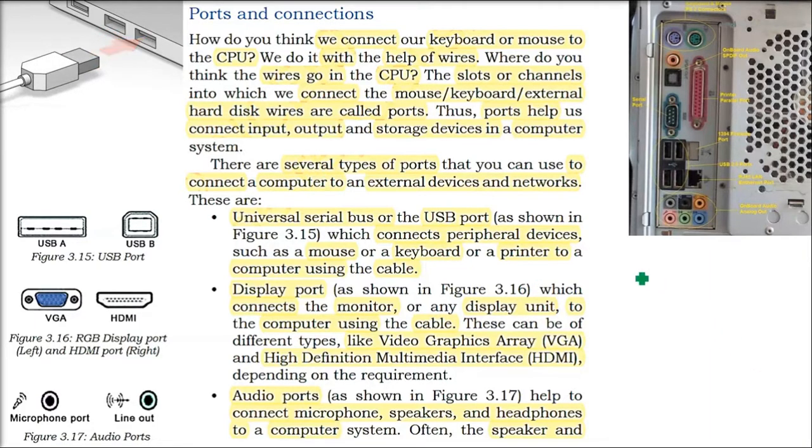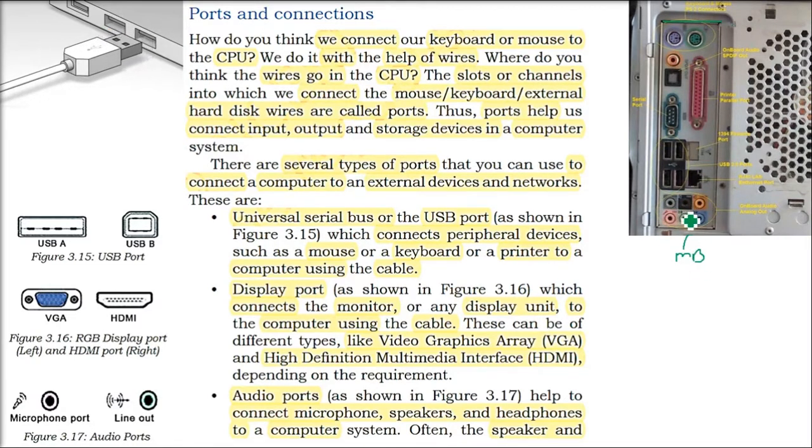Every computing device has certain ports from where you can input and from where you can output. And basically it's the motherboard only which connects different ports. So if you see here, this is the back of a CPU I am trying to show.